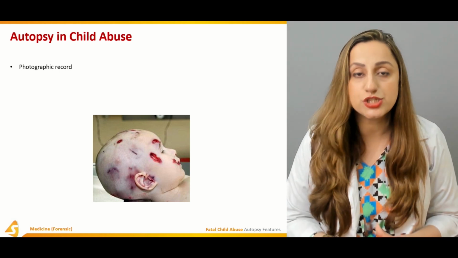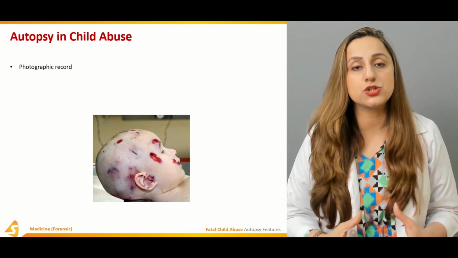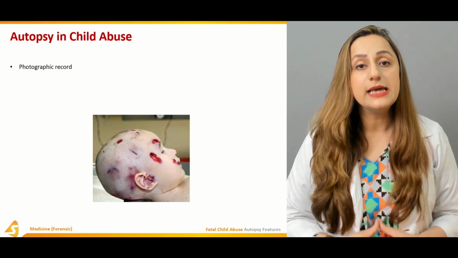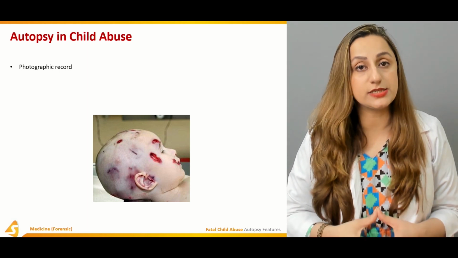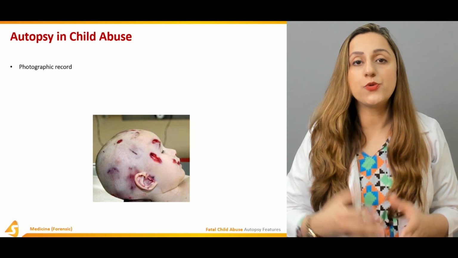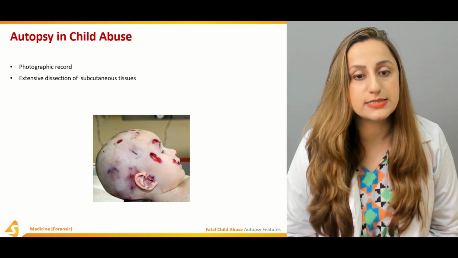That is again very important. You have to focus on, document and comment upon the environment of the home in which the child was kept. This is basically going to point towards any sense of neglect. If it is pointed out, that is going to point towards the sequential abuse that the child has been subjected to in a particular case.